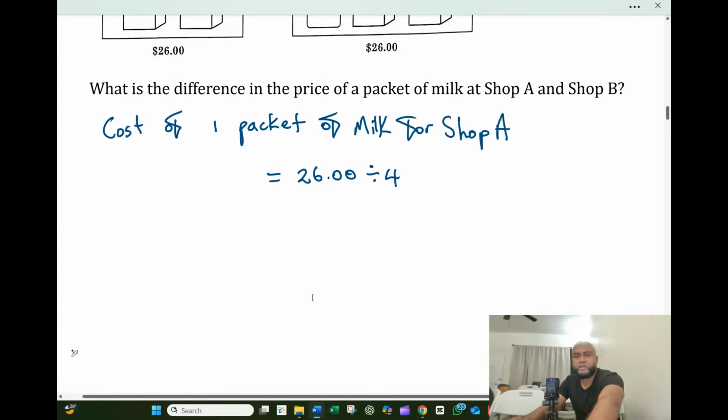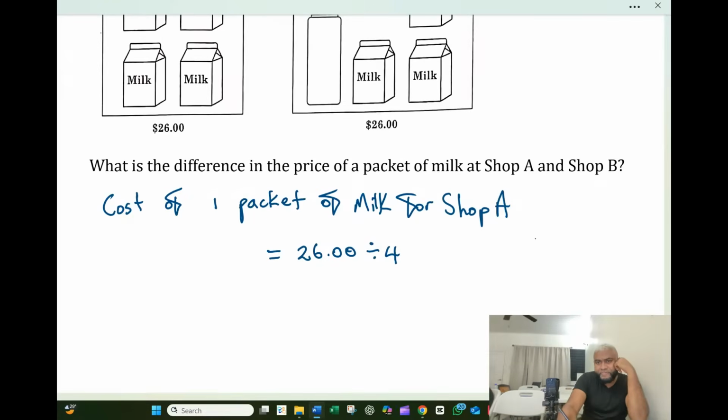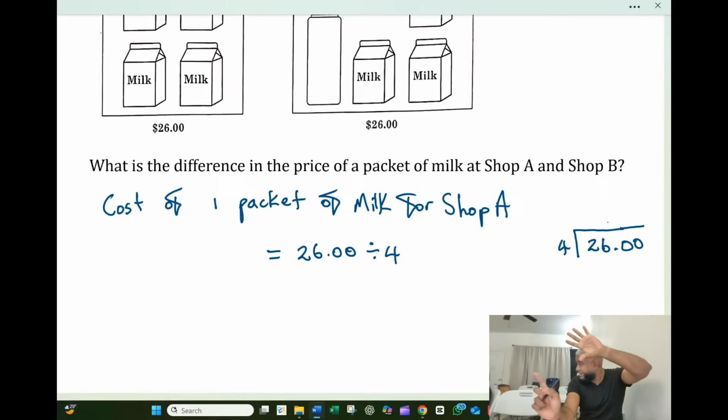So let's work. We go in the column here. So I'm going to line it up like this. 26 and 4, right? So I'm going to put it 0, 0. Now, 4 into 26 will be what? How many times can 4 go into 26? 6, right? So you will get 6. Now, we're not going to do long division, right?